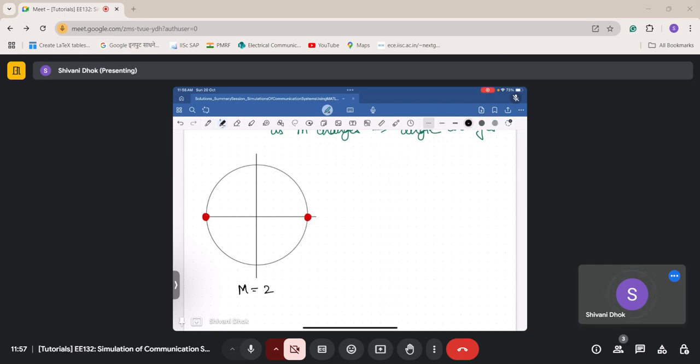Okay, and what happens here is this radius is under root E, and for this MPSK, your minimum distance is this. So this is your d-min.